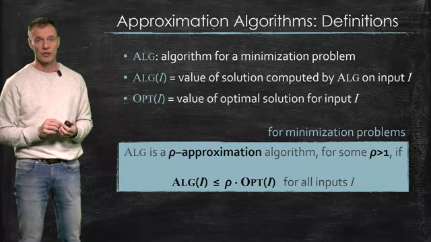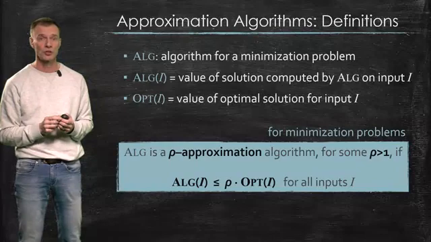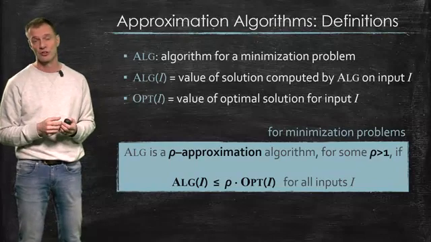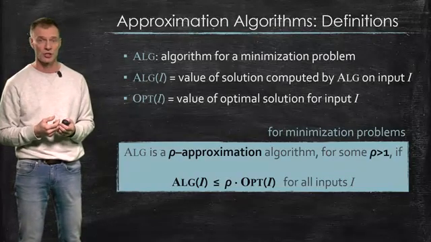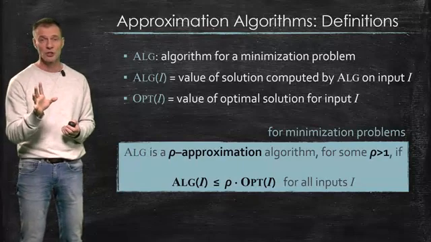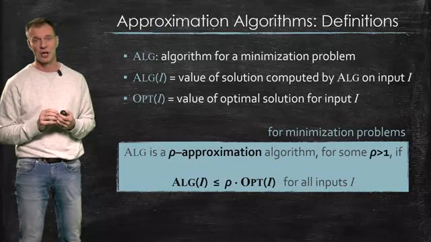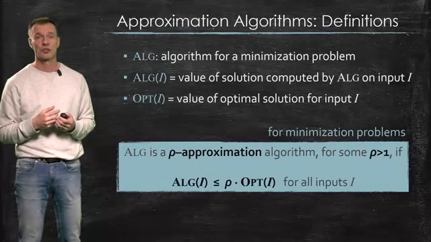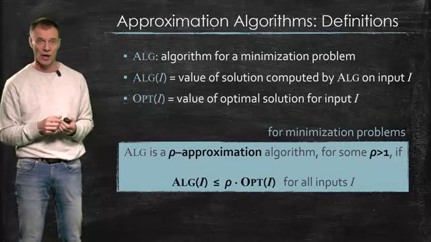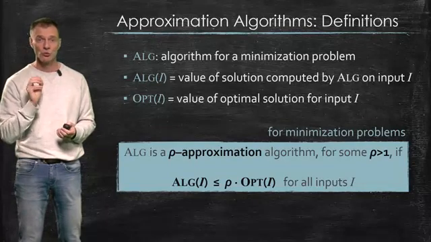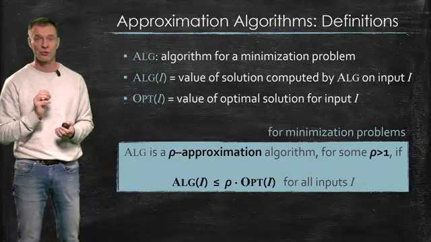The definition I'm giving now is for minimization problems. Later, we're also going to look at the definition for maximization. But for minimization, the criterion is that for any possible input instance I, the value of the solution that we compute, ALG(I), is at most rho times the value of the optimal solution.